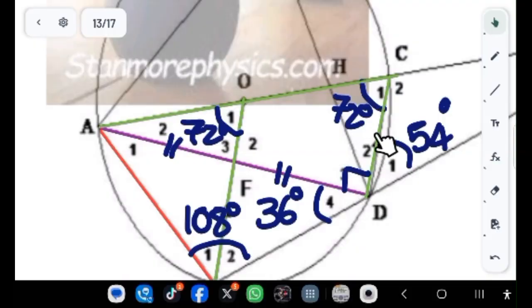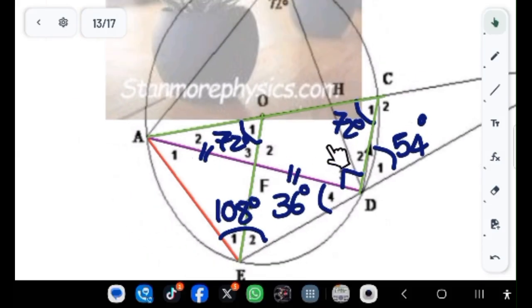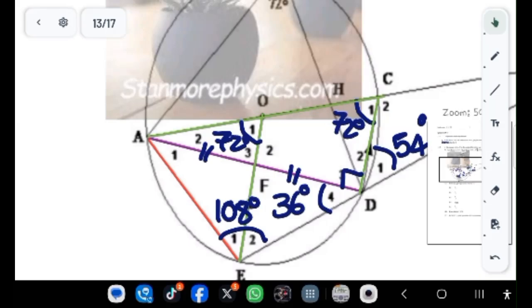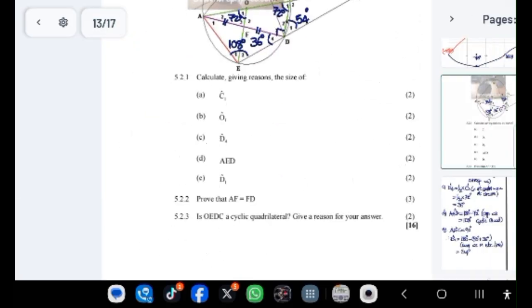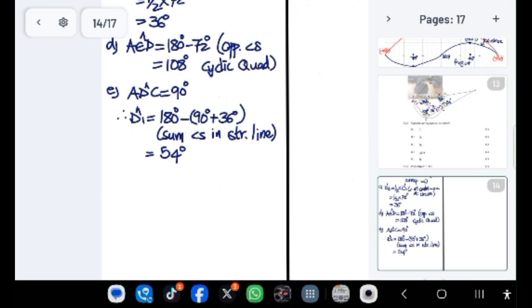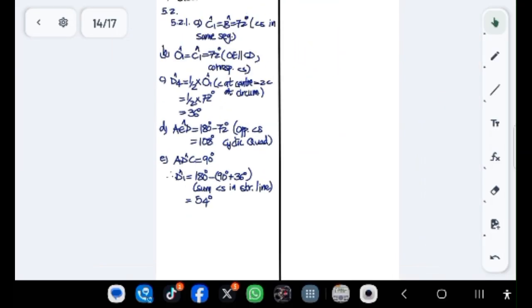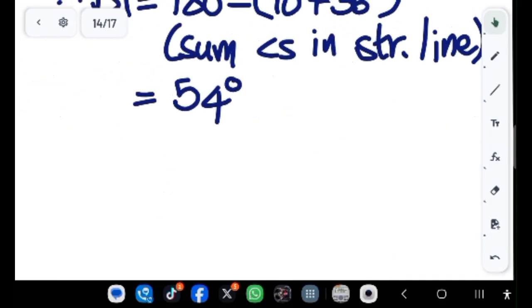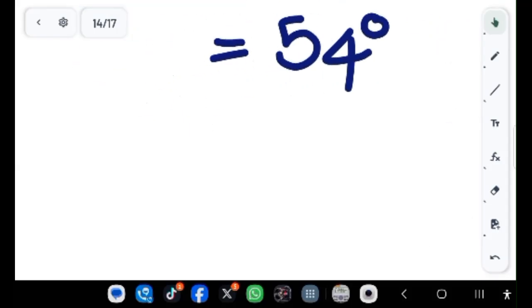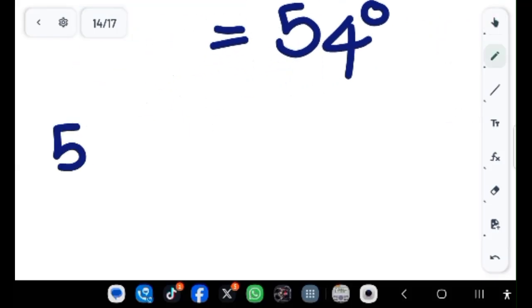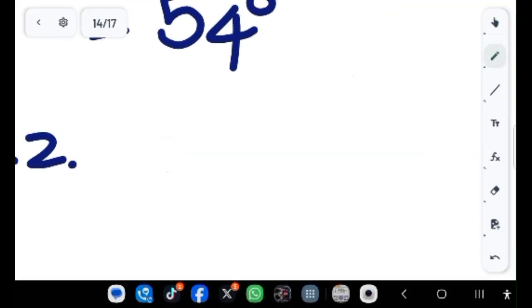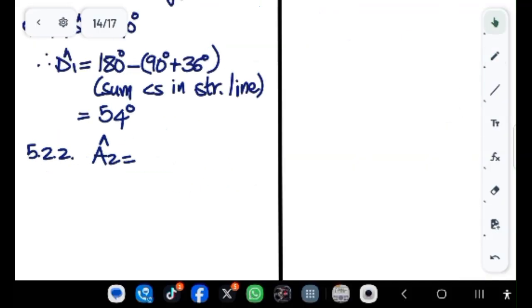In this triangle ADC, let's find A2. Angle A2 equals what?